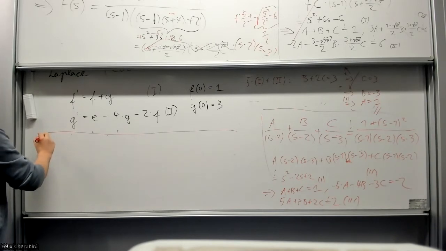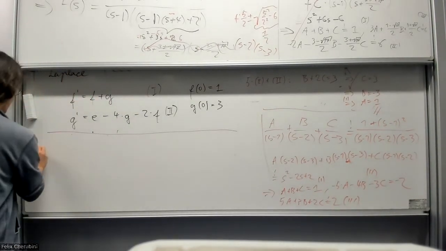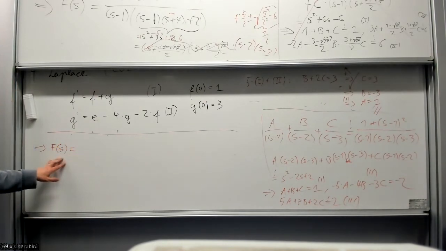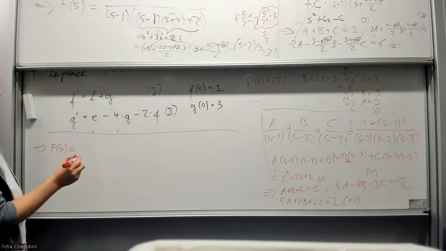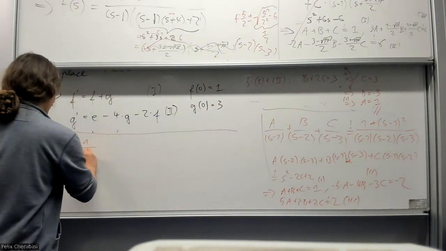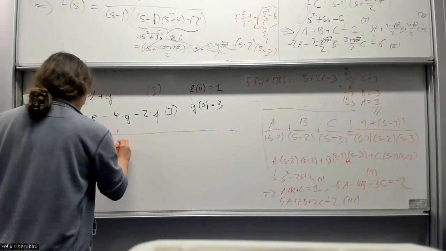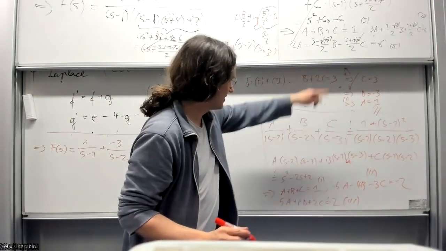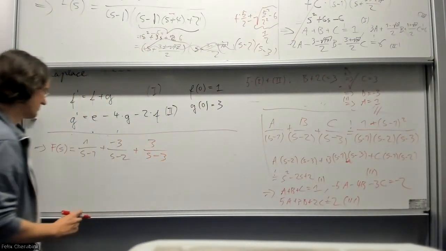Yeah, so plug into our original equation, this one. So we have f of s, that's what this whole thing was about, getting some nicer representation of f of s. And now it's 1 over s minus 1 minus 3 over s minus 2, and c is 3, so that's plus 3 over s minus 3.